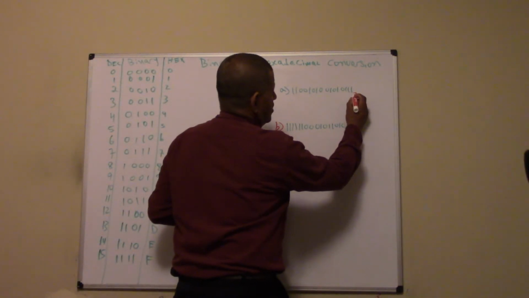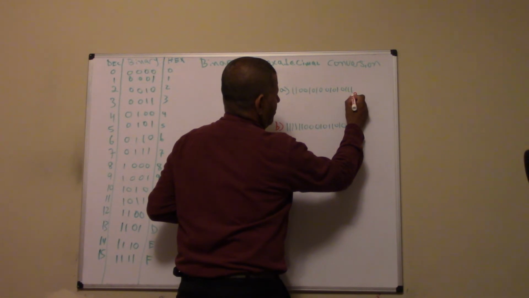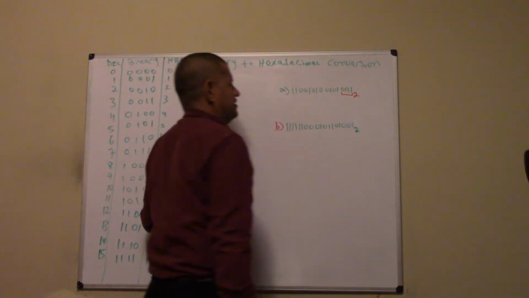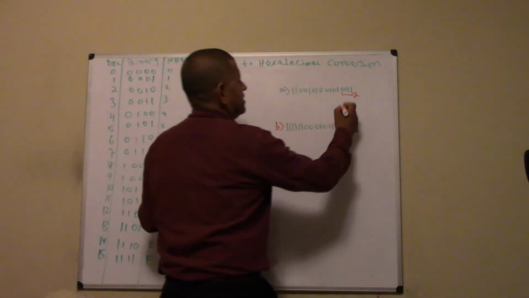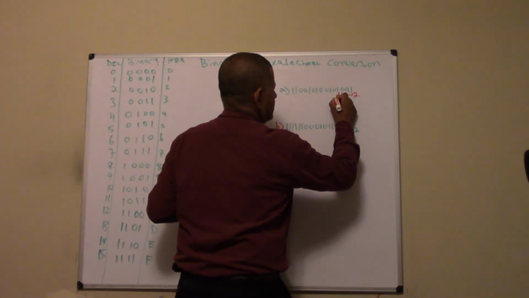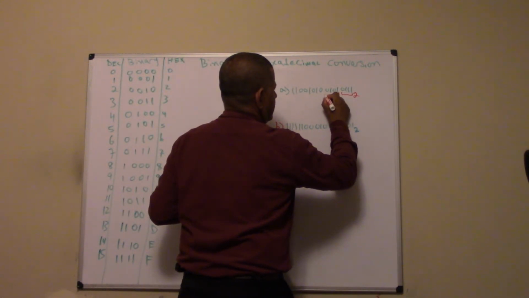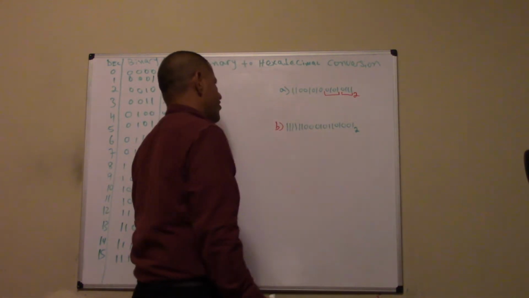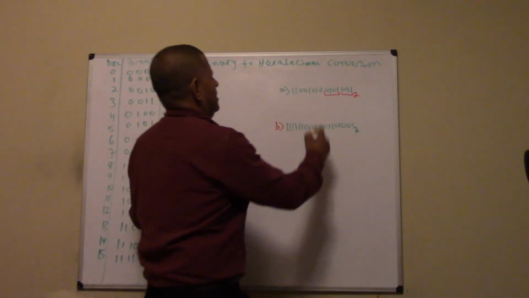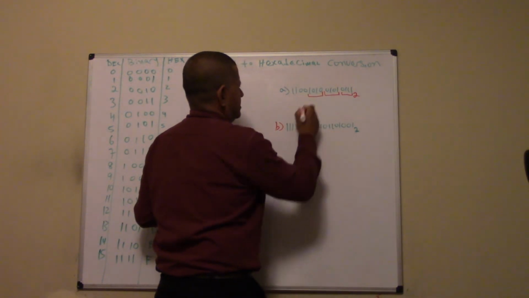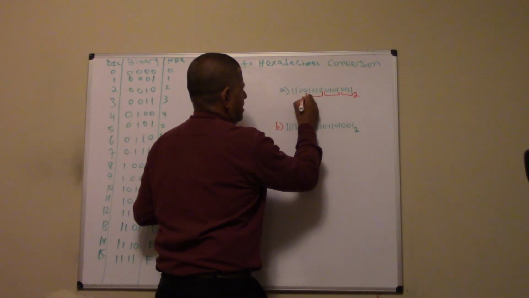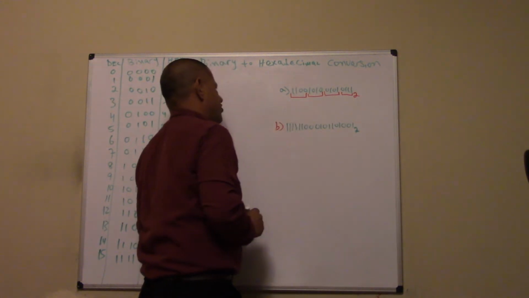So we go from right to left and count 4, and that would be the first 4 bits. Then here count to 4, and that will be the next 4 bits, and here the next 4 bits, and from here to here another 4 bits.